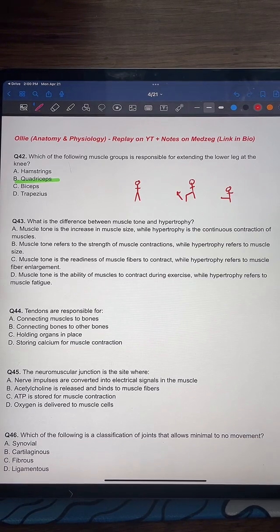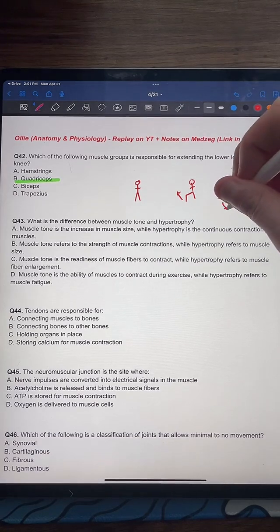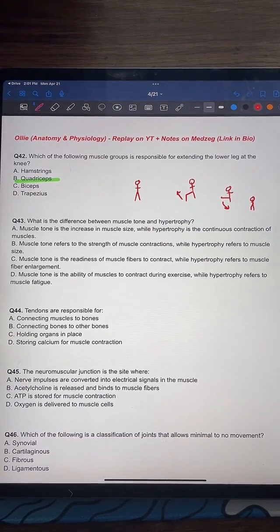The hamstrings are located at the back of the thigh, and they are responsible for flexing the knee and extending the hip. So, again, this is for flexing. If you were to flex it, it would come back in, and it would kind of look like that instead. Biceps are in the upper arm. The trapezius is in the upper back.